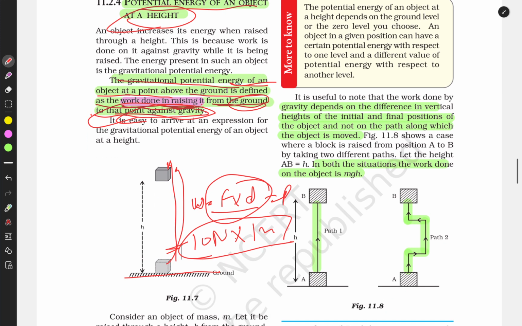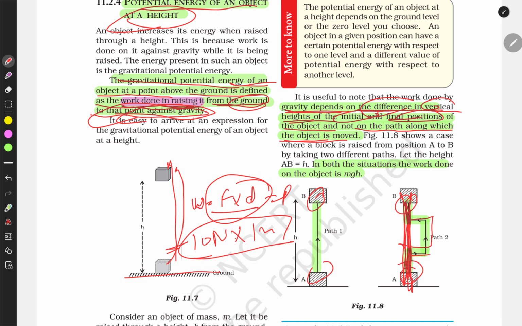Gravity depends on the difference in vertical heights. It only depends on the difference in vertical height between the initial and final position. So the initial and final position is important, not the path along which the object is moved. It depends on the minimum distance between the initial and final position, not the actual distance.